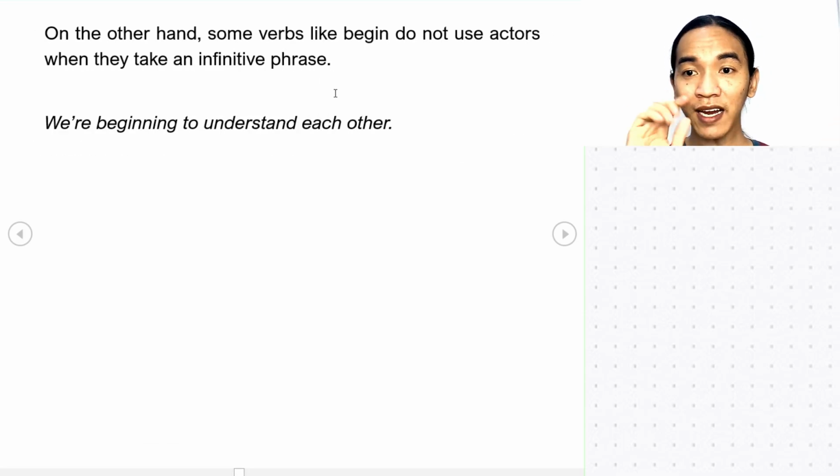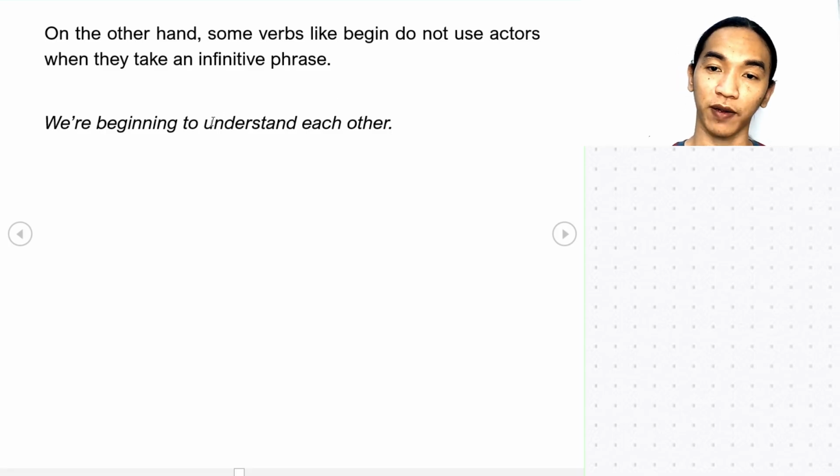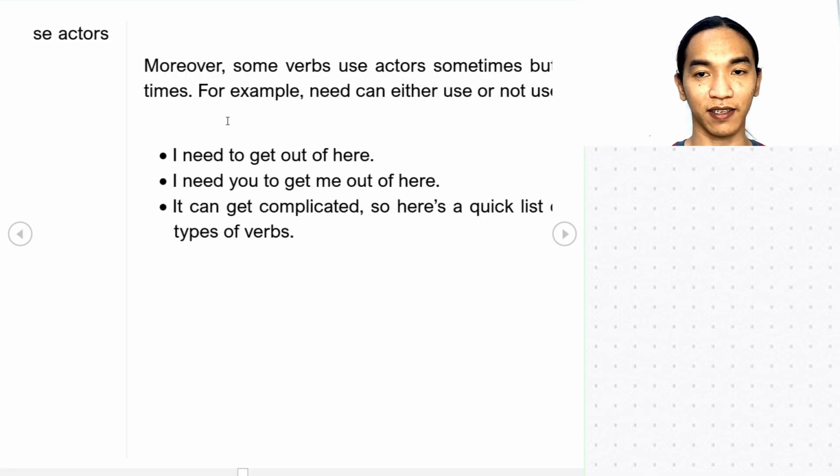On the other hand, some verbs like begin do not use actors when they take an infinitive phrase. We're beginning, no actor, to understand each other. So there are some verbs that do not use actors when they take the infinitive form, like beginning to understand.